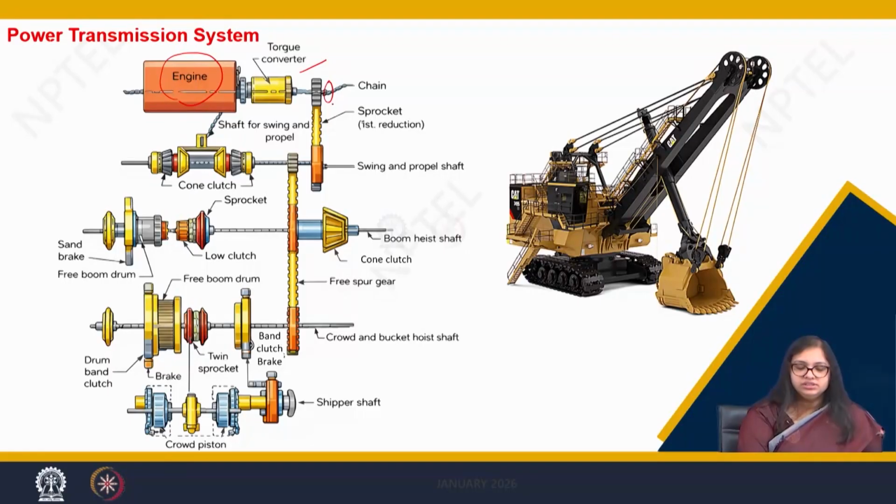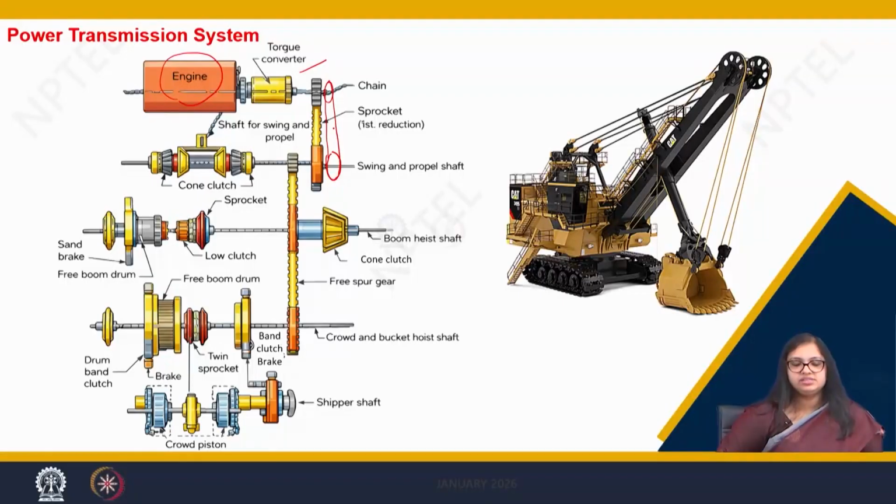Since this is a chain and sprocket arrangement, you can see on the swing and propel shaft as well, there is another sprocket. These two sprockets, you can imagine as the two sprockets of the cycle that you ride, and on them there is a chain which moves through it.